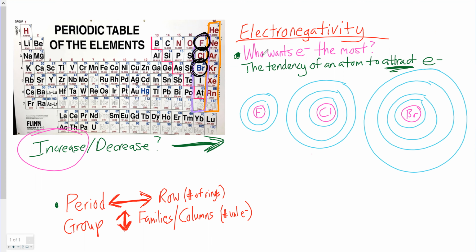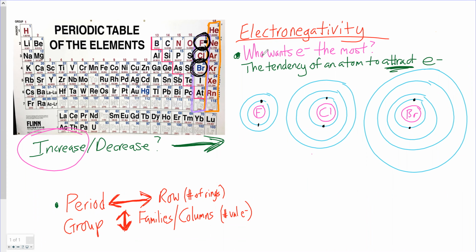How many electrons does the first ring hold? 2. That shell is full. How about the second one? Isn't it 8? It holds 8. However, all right, fluorine, let's look at him. He should have 9 electrons. Oh, and we're in the 7th row.